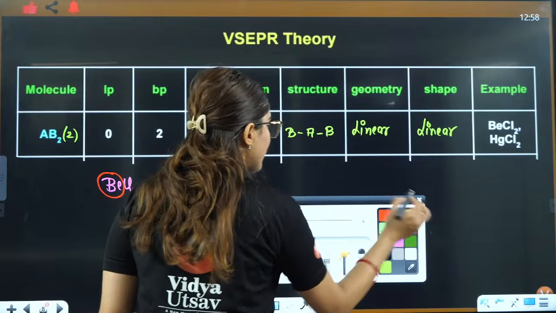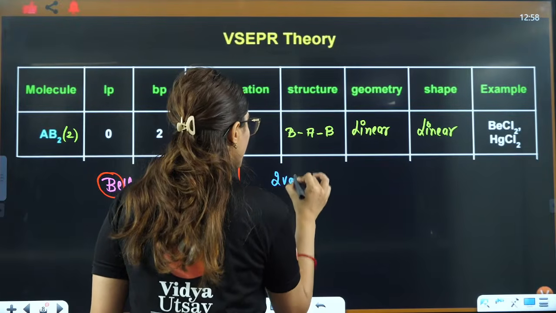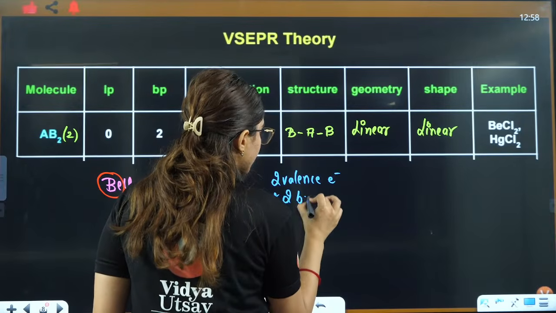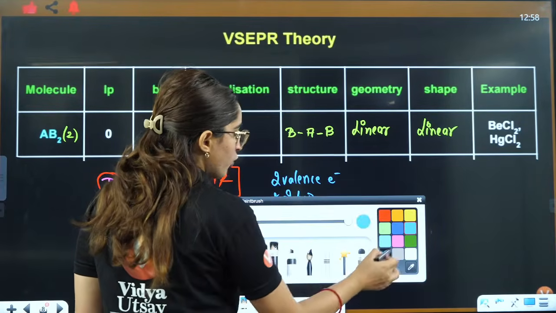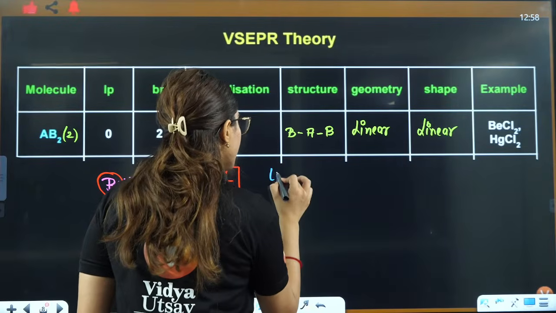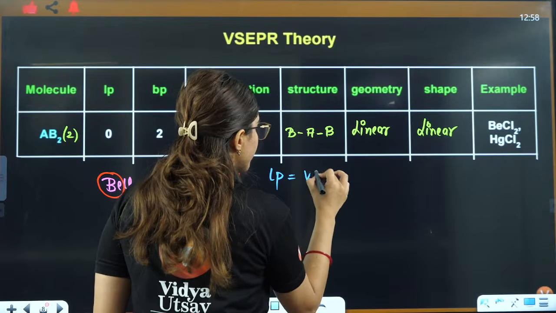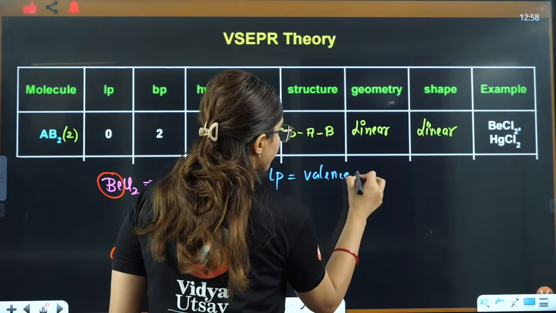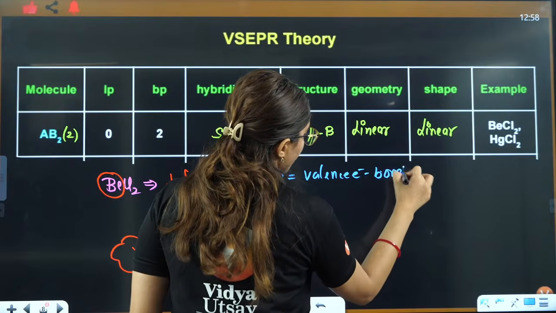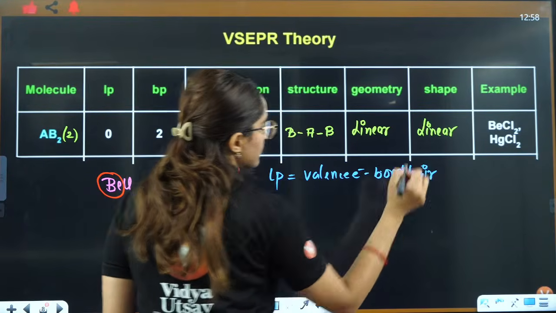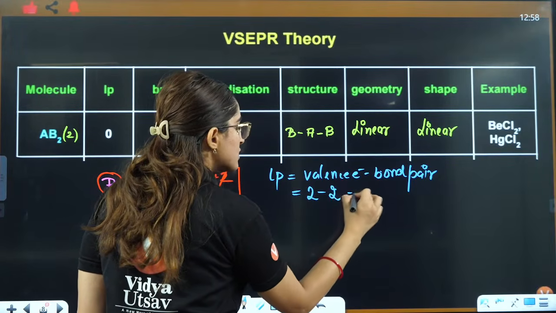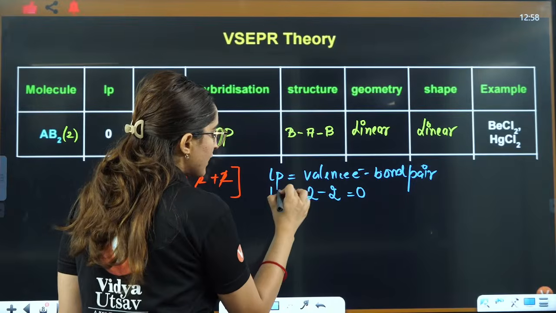That's how you write it: 2 valence electrons and 2 bond pairs. So what exactly is a lone pair? You can write the formula here: lone pair equals valence electrons minus bond pairs. Valence electrons are 2, bond pairs are 2, so the answer is 0. That is why lone pair is 0.